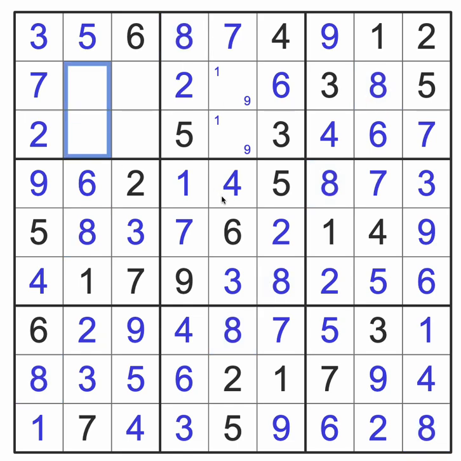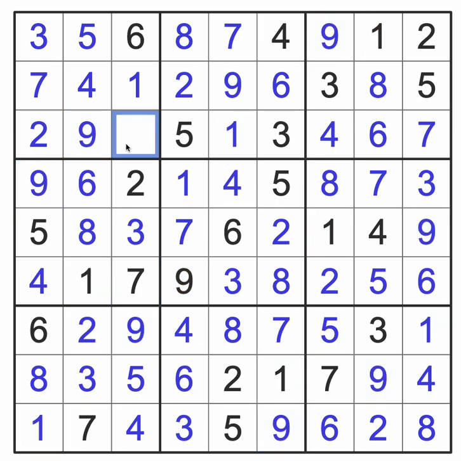These are 4 and 9, and 4 in box 3 makes this cell 9, gives me 4, and this 9 has made this cell 1, 9, and gives me 1 and 8.